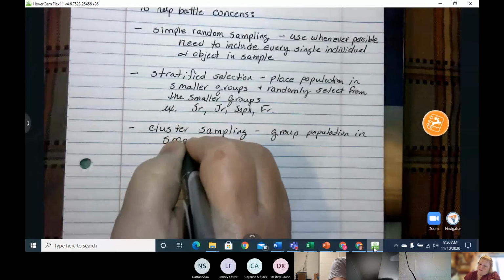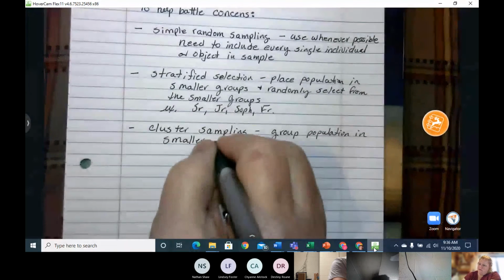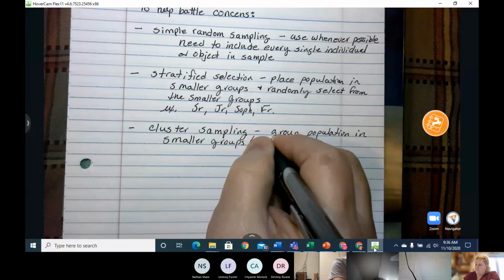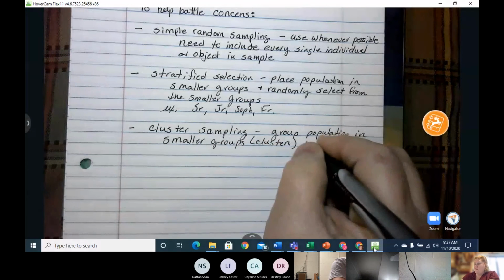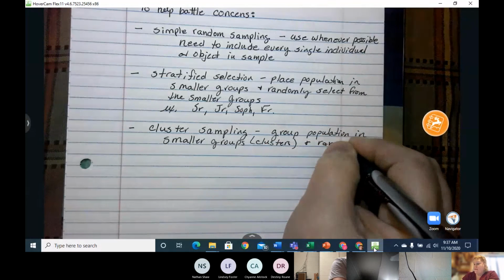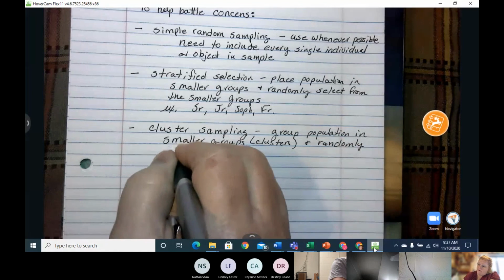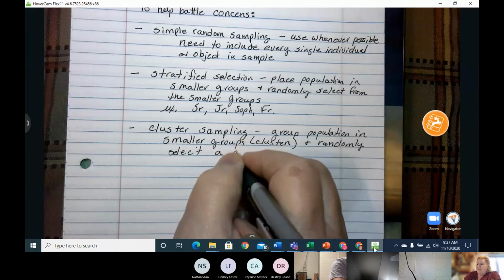And we again group in smaller groups or clusters. And then you randomly select a group.